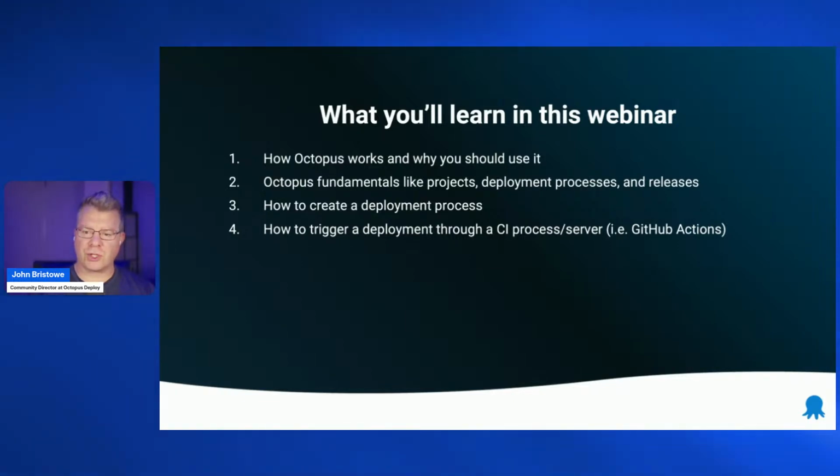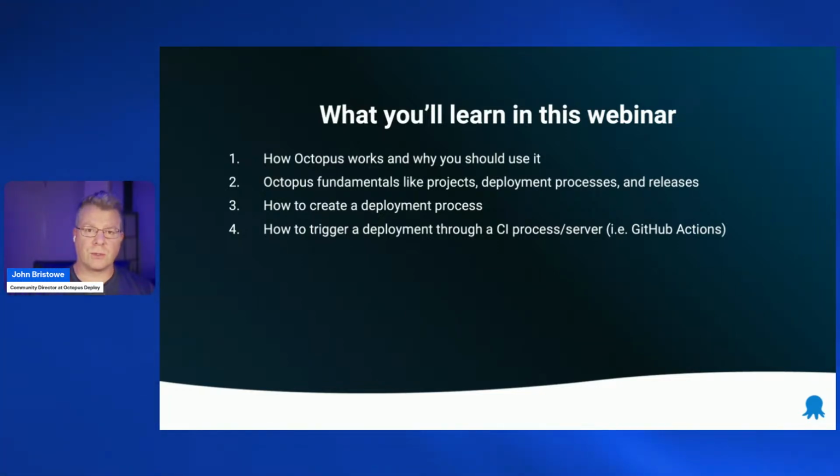And then finally, we'll show you how you can trigger a deployment using a CI process or server. A CI process or server, to me, is anything that is involving continuous integration. CI, or continuous integration, is a process by which you periodically or repeatedly build and test your source code. But people typically, this is synonymous with a build server.